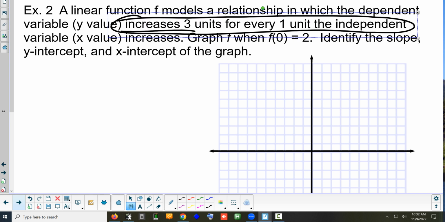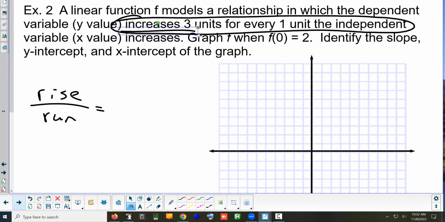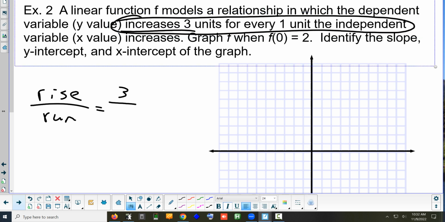Y value is the rise, so think of it that way. It says the y value goes up 3, increases by 3, for every 1 unit the x value goes up. So we're going up 3, right 1.